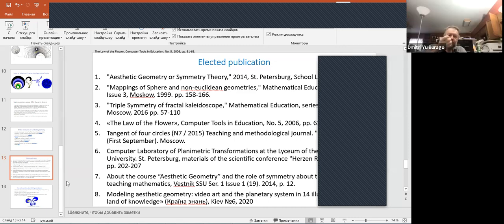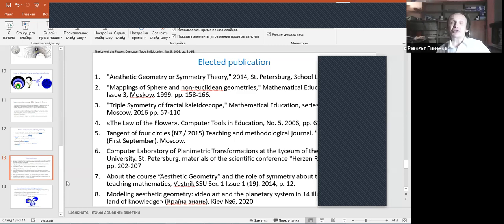The Russian variant was on the internet, and the Ukrainian variant was on paper.